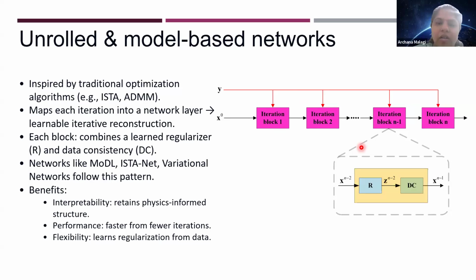Each module has a different learned regularizer and data consistency, and a benefit is that it retains the pathology. It doesn't change anything in the image, so it retains the physics-informed structure, meaning it retains the image features, and it is faster, and also it needs fewer iterations compared to the traditional method.